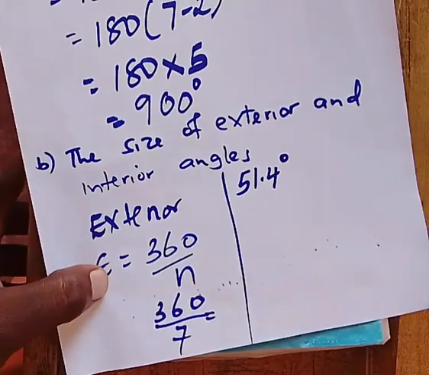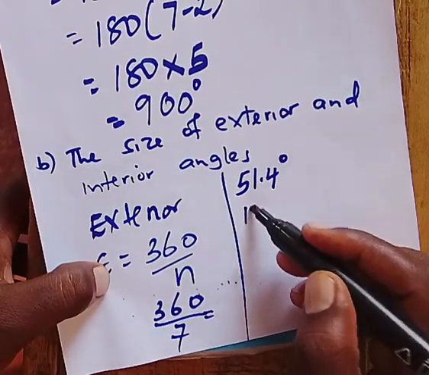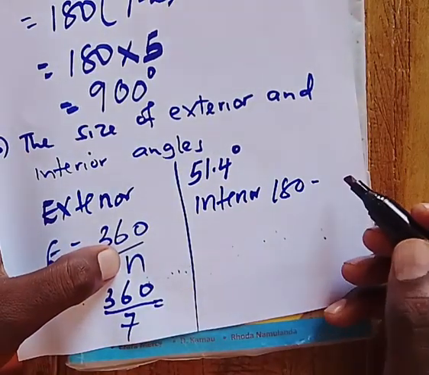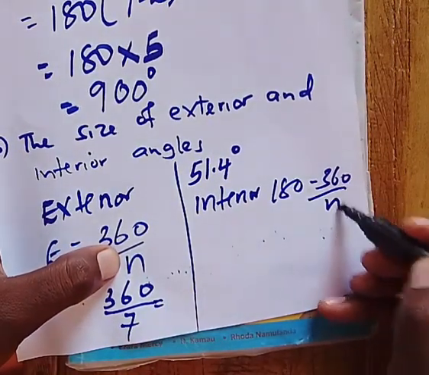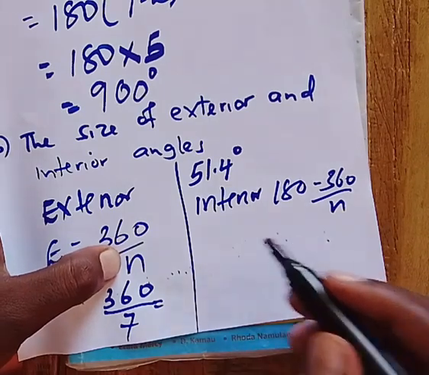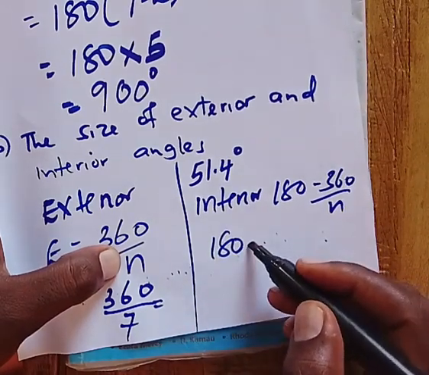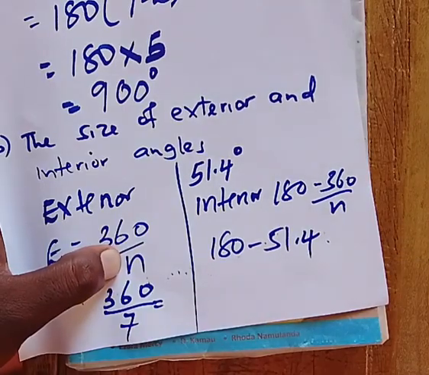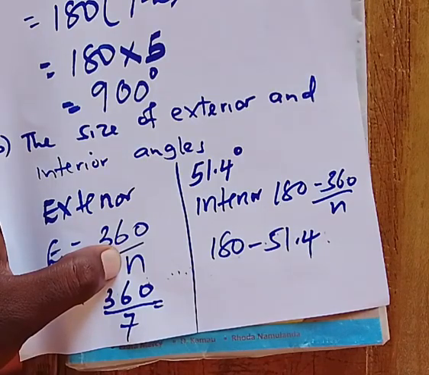degrees. If you want the interior, which is simply 180 minus the exterior, because 360 over n gives us the exterior, we'll have 180 minus 51.4, using the long subtraction method.